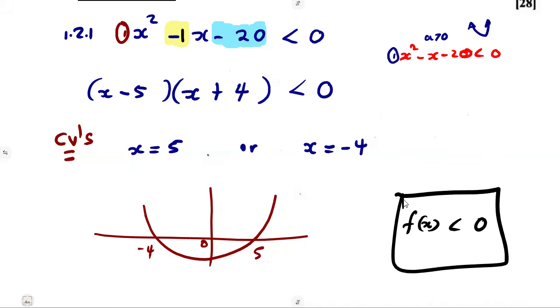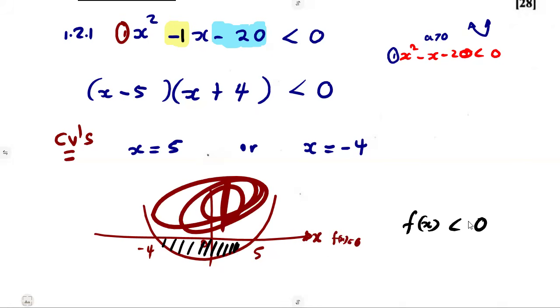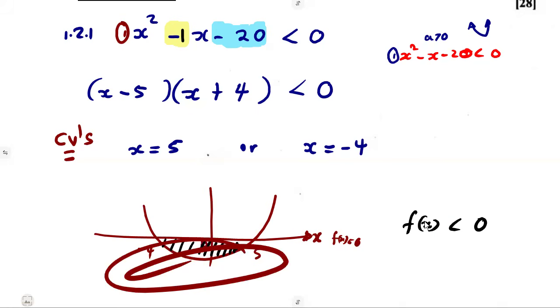Which region are we talking about when f of x is less than 0? As I said, it is the region in between, below the x-axis. Along the x-axis, f of x is equal to 0. Above it is greater than 0, and below it is less than 0.